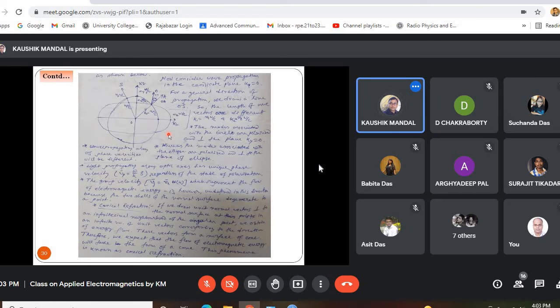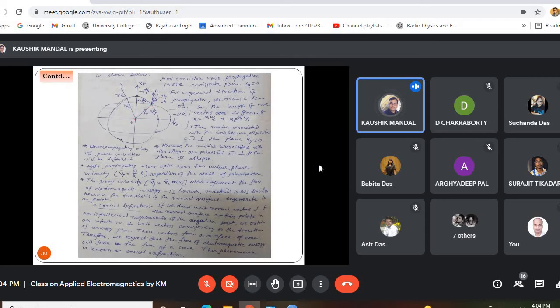One shell is a sphere, another shell is an ellipsoid, and they basically cross over with each other at 4 different points. So considering the 4 crossover points, you can draw the 2 optical axes. These are the crossover points 1, 2, 3, 4. So you can draw the optical axes.